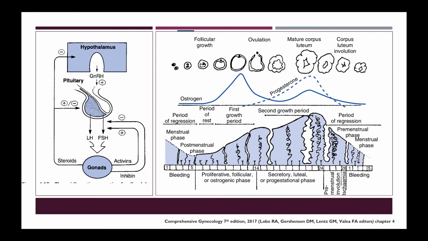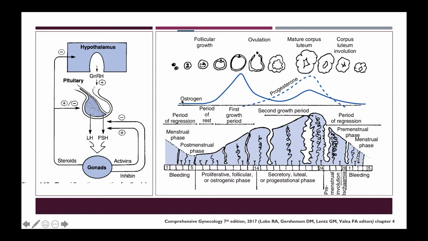The levels of LH and FSH during the follicular phase vary in accordance with the changes in estradiol concentrations that accompany maturation of the follicle. As circulating estradiol levels increase during the follicular phase, as you can see here, as the follicle grows and matures, so does the estradiol level increase.